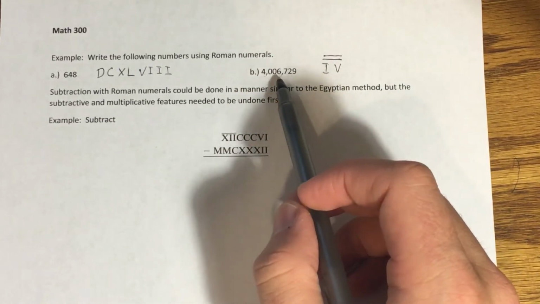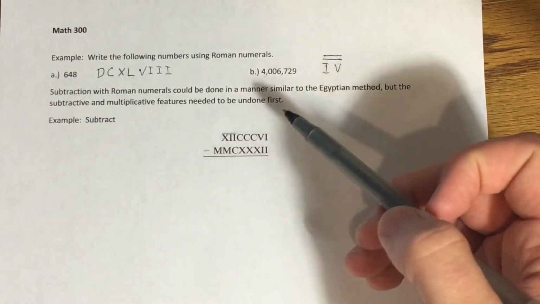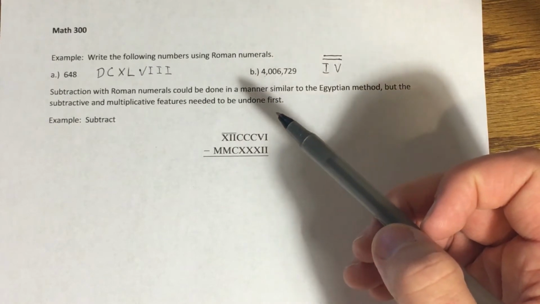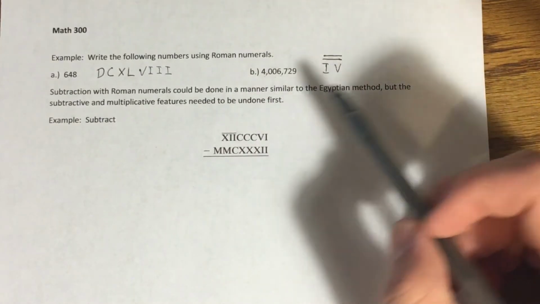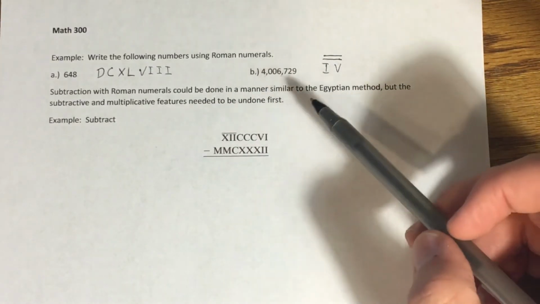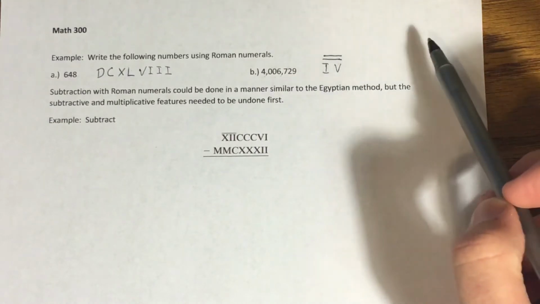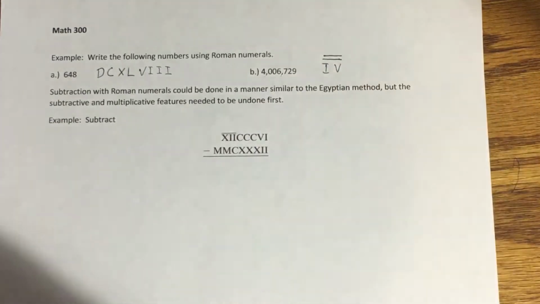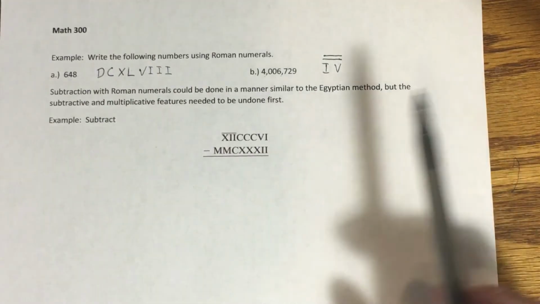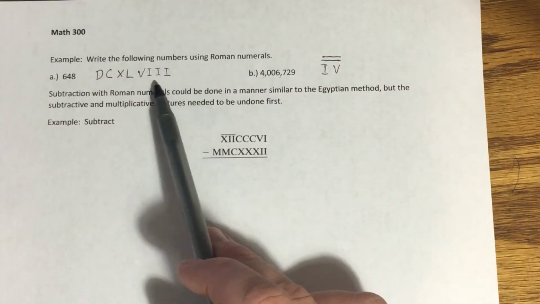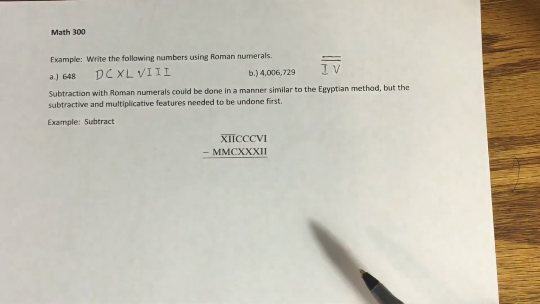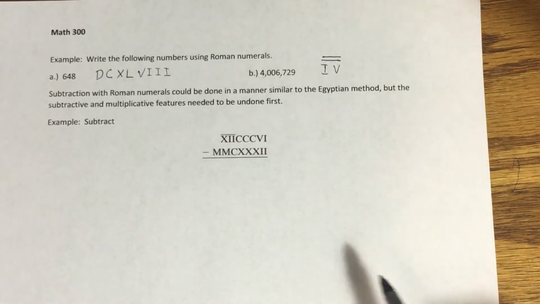Now what do we have? 6,000. Okay, well, I know that 6,000, I have a symbol for 1,000. It's M, but I don't want to write 6 of those. Remember, you should never really have 6 or even 5 or even 4 of the same symbol in a row. The multiplicative and subtractive features prevent that from being necessary.